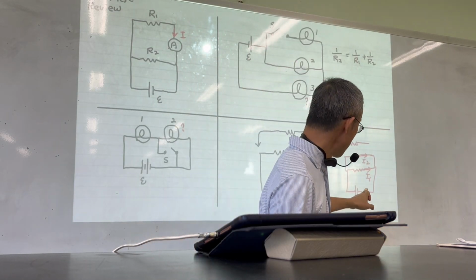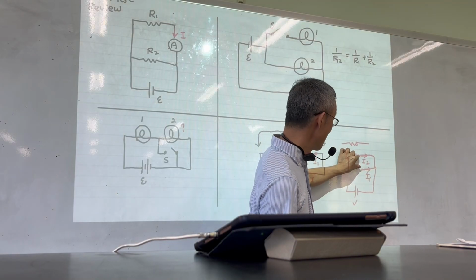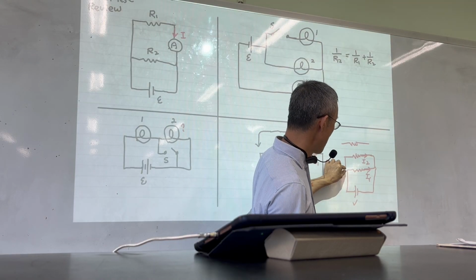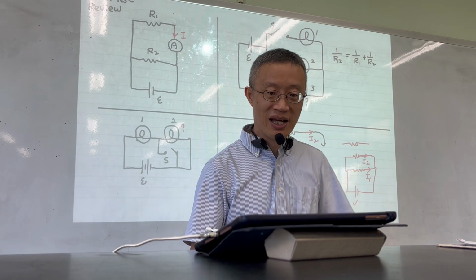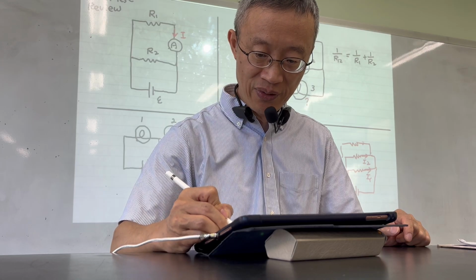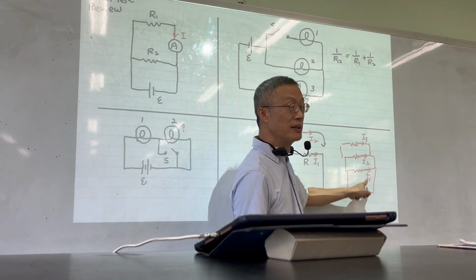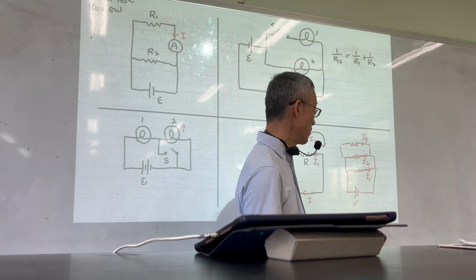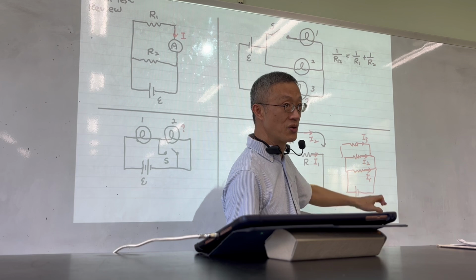So what's the total current back to the battery? I1 plus I2, because this is parallel, splitting into two branches joining together at this junction. If I connect one more, that is I3. So going back to the battery will be the addition of the three currents. So you connect more and more resistors, the current will be larger and larger.